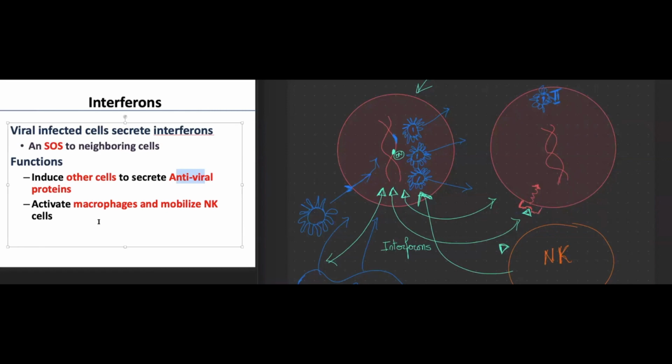So interferons come in different types, but they are not specific for one virus and not the others. Some interferons will help with some viruses better than others, but they are not specific to a virus.